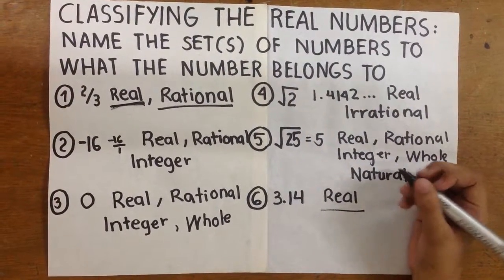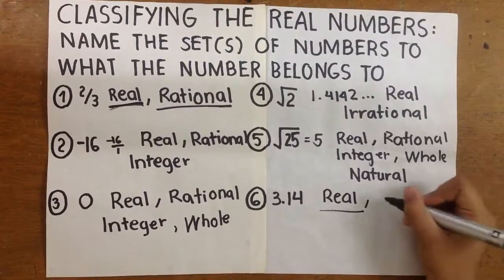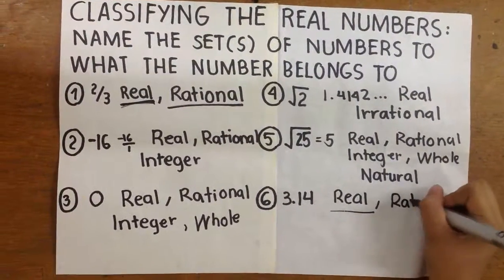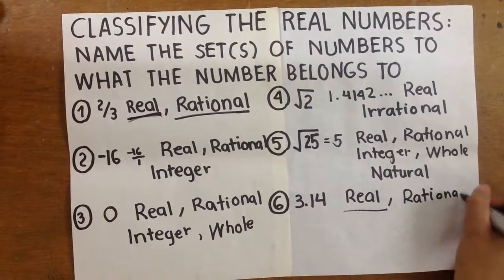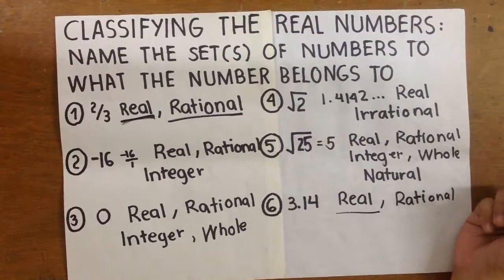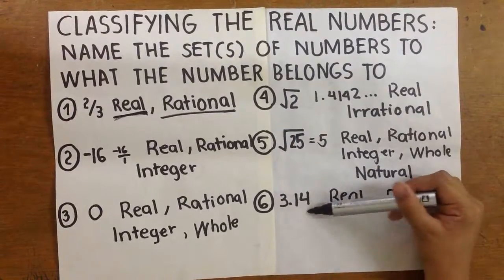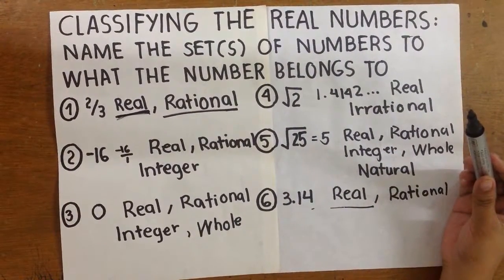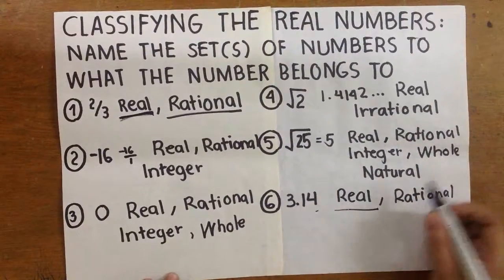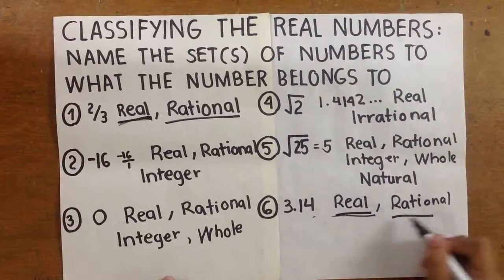So it's real and it's rational. But notice, since it's in decimal, it can't be an integer, a whole, or a natural number. So it's only real and rational.